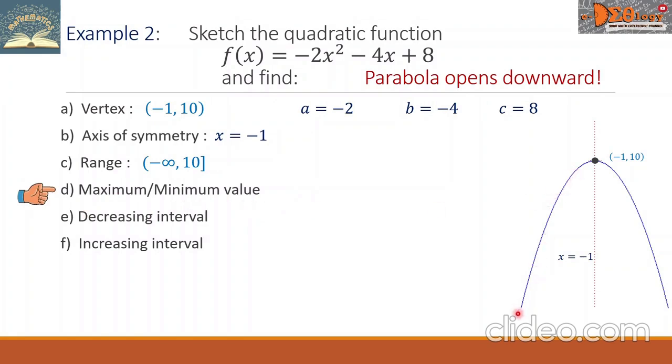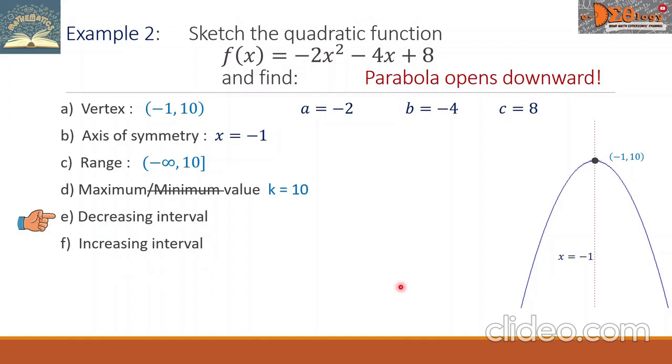Since the graph is going down, there is no minimum value because this is continuous. We have now maximum value. This is the highest value for the y, and that will be k equals 10. Next, E and F, decreasing interval and increasing interval.